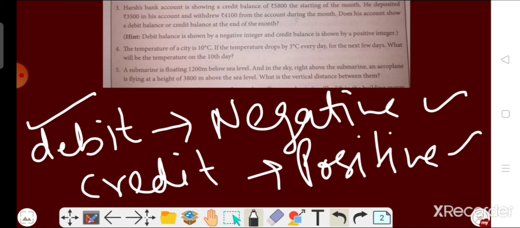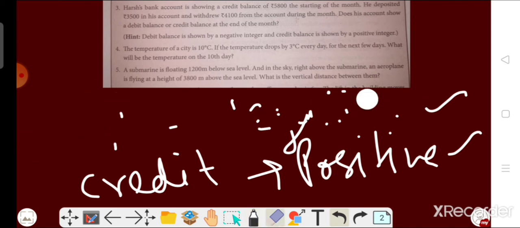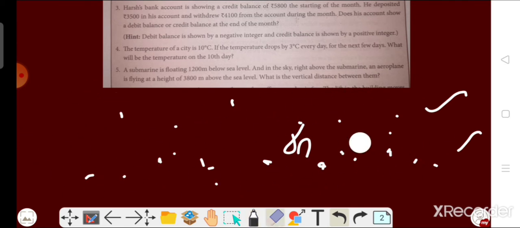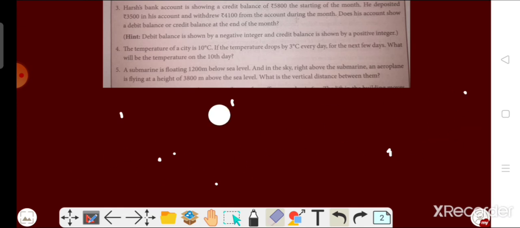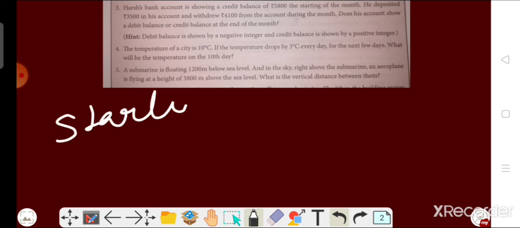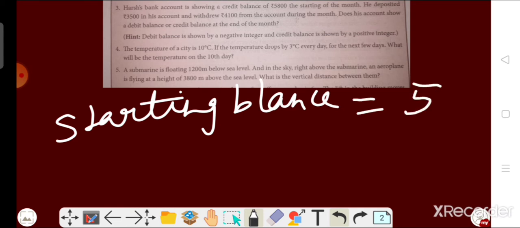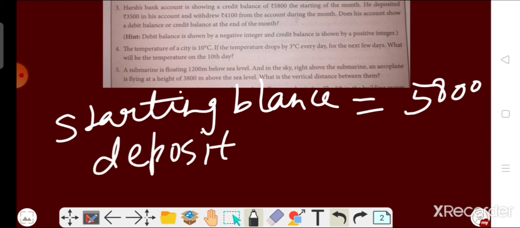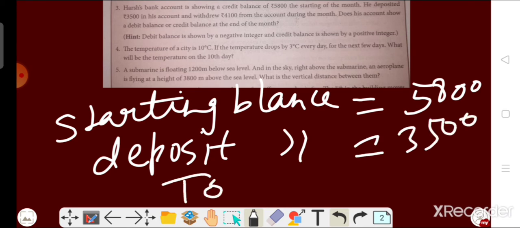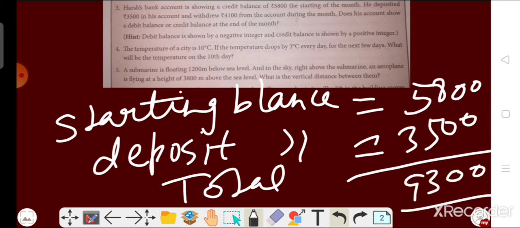Okay, so the starting balance is given as 5800, and the deposit is 3500. So the total amount present is 9300.